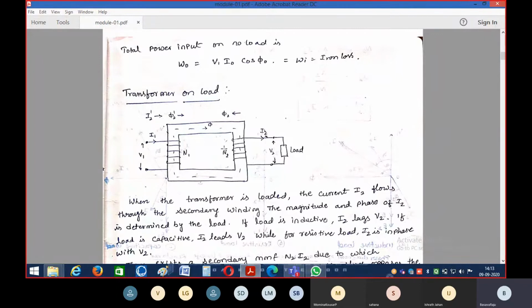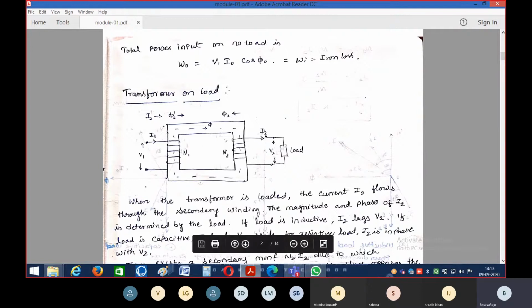These N2 turns possess the resistance R2. R2 is the value of resistance due to the secondary winding. So primary winding is R1, secondary winding is R2.